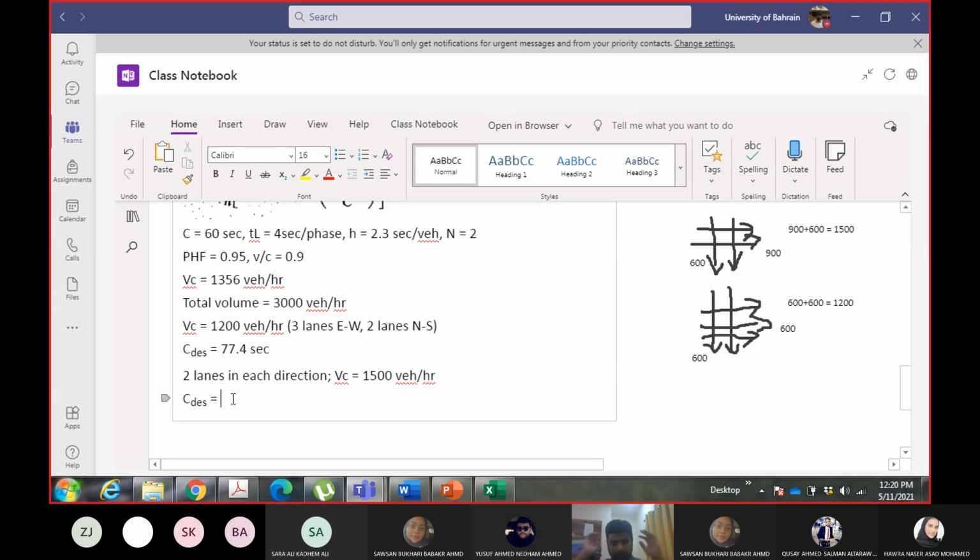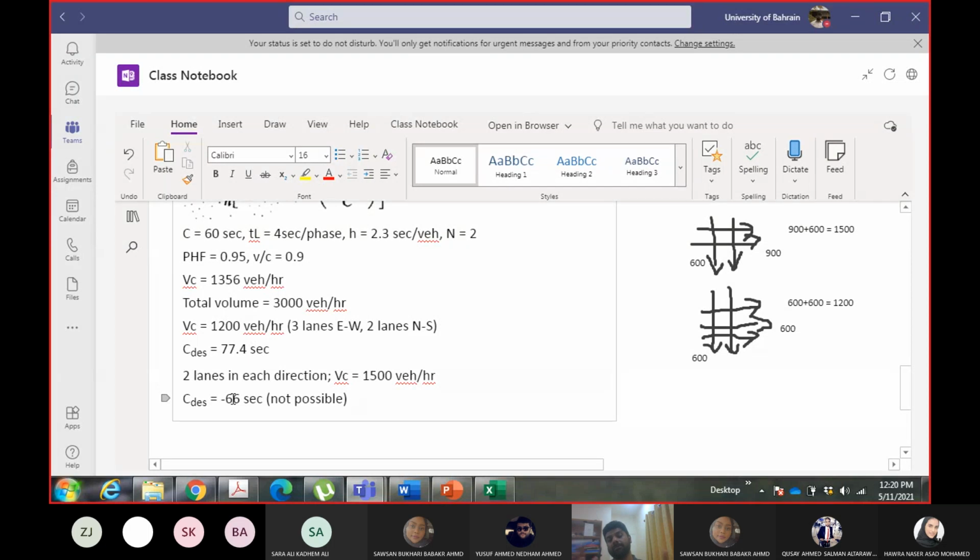Minus 66. Okay, now what did I tell you about the negative value? Negative value means not possible. With these signal parameters, having 2 lanes in each direction will not give you any signal that can be designed for this location.